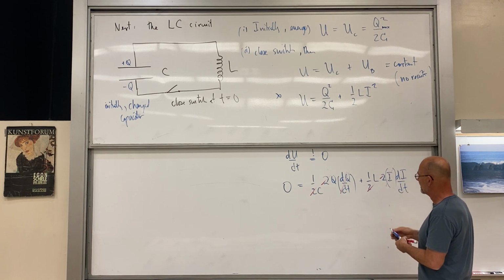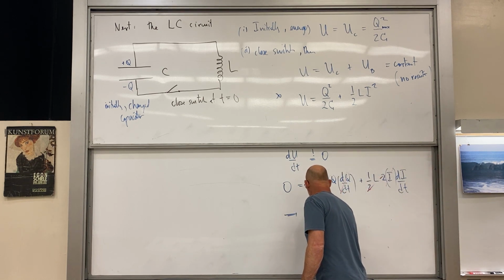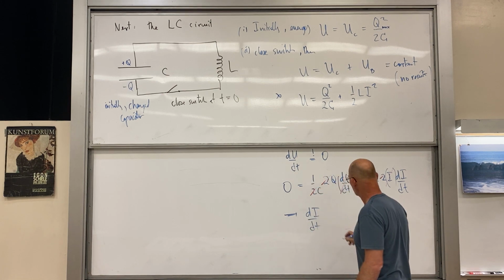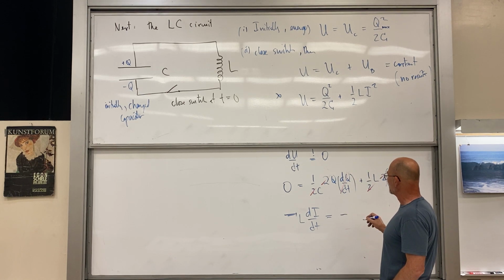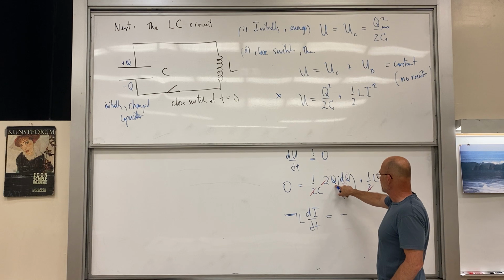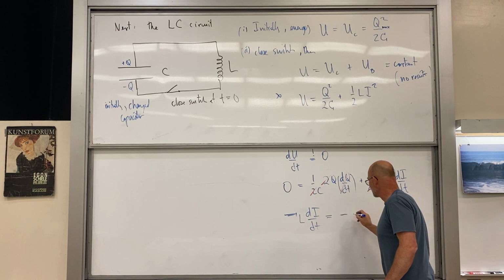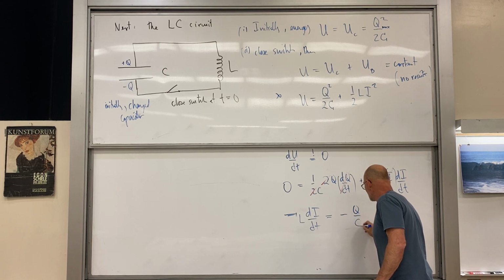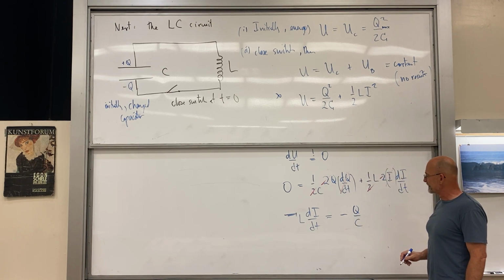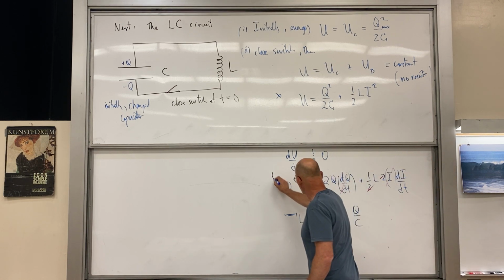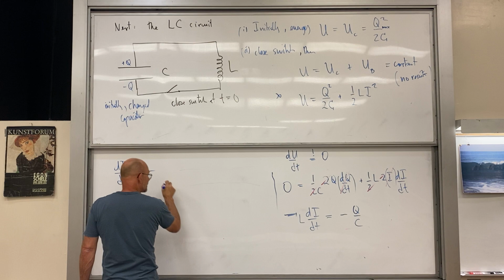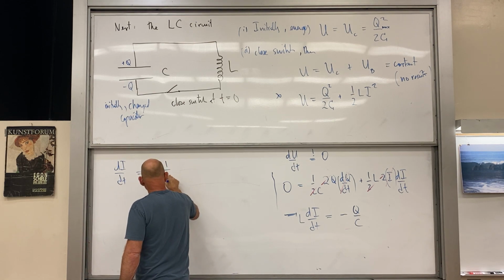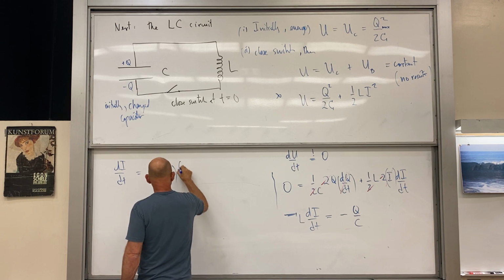And I have L dI/dt is equal to minus Q over C. So we have dI/dt is equal to minus 1 over LC times Q.